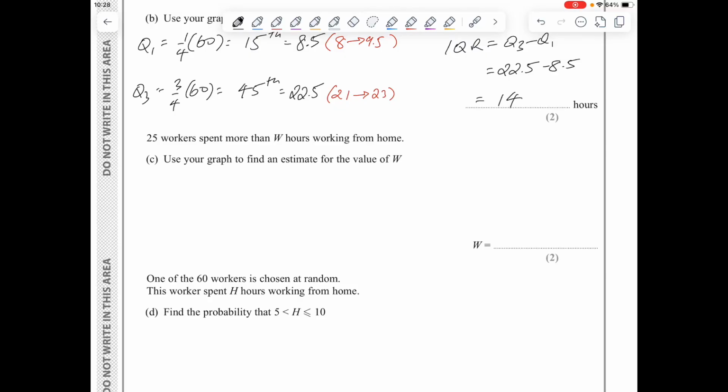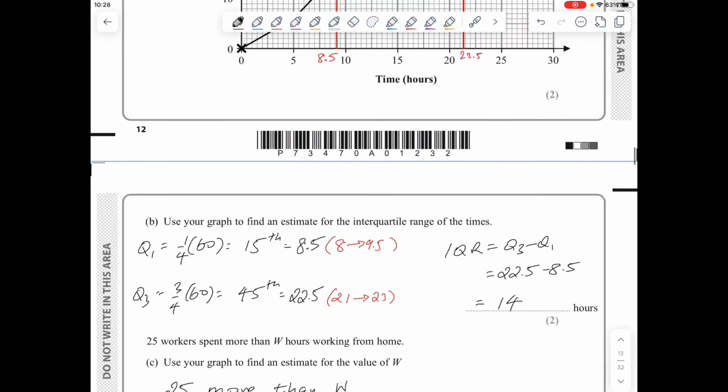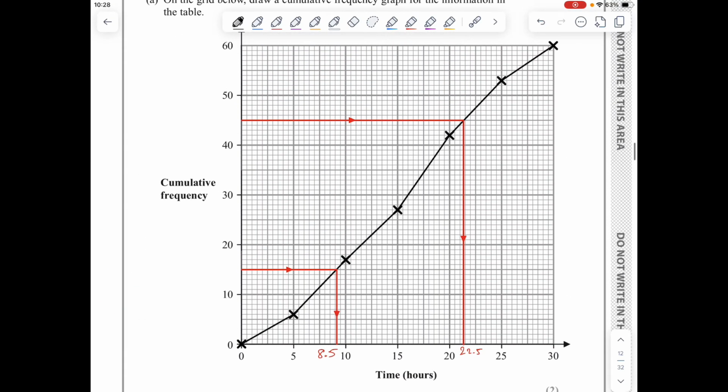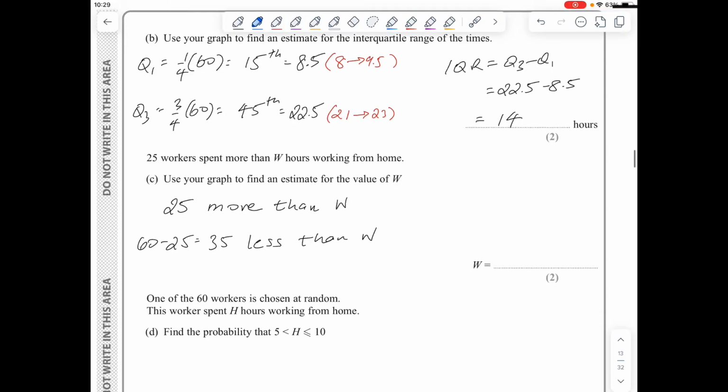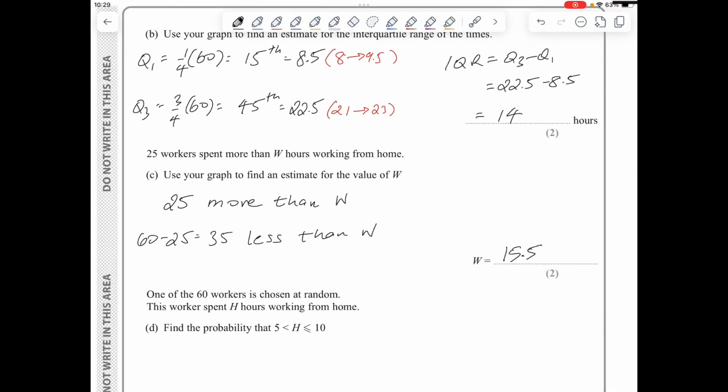So if I have 25 workers more than W, it means the rest, 35, are less than W. So let's go to the graph, and the target this time will be 35 on the vertical axis in order to find the X value that corresponds to W. And according to my graph, I get a value of about 15.5. Now the mark scheme accepts answers between 16.5 up to 18.5.